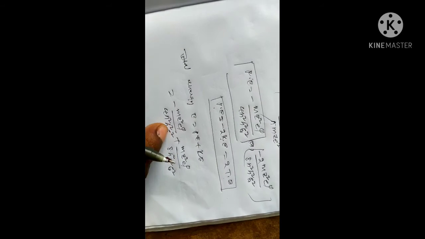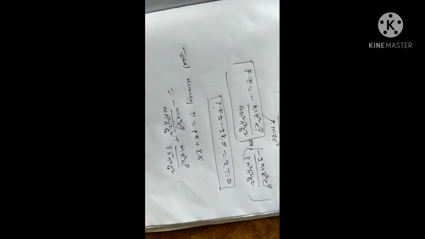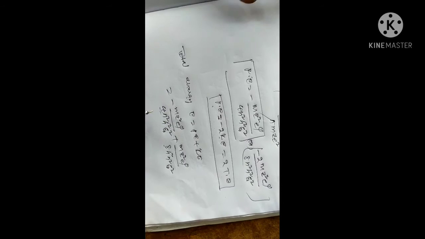This is the total energy. You can take the common factor, since the terms are 1 by 8 and 1 by 4.